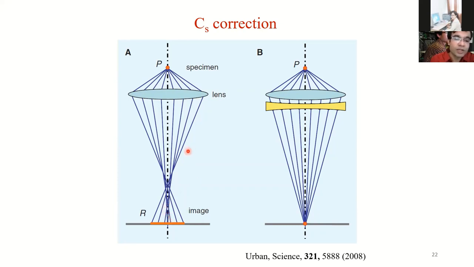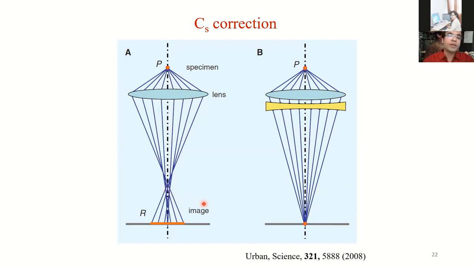For these rays you have a different focal point, for these rays you have another focal point, and so on. So generally with this spherical aberration coefficient, you usually record the image at this point here, which is often called the disk of least confusion.